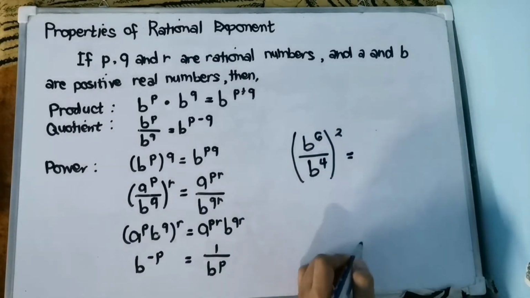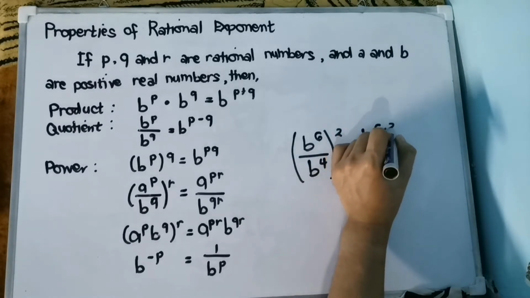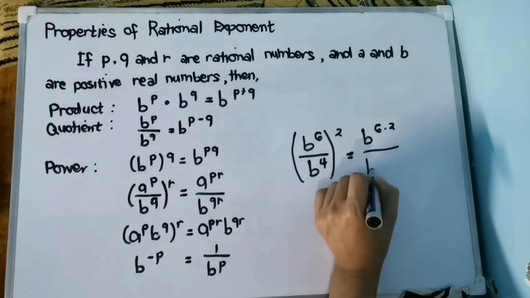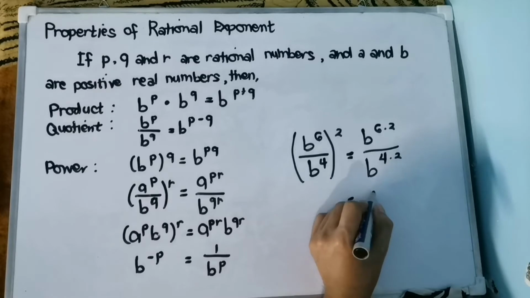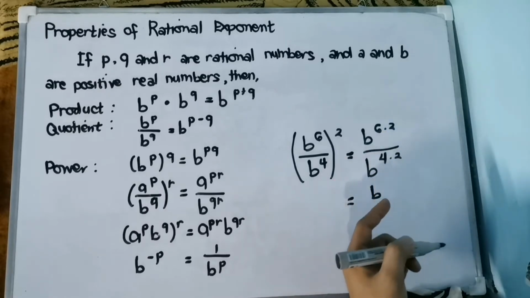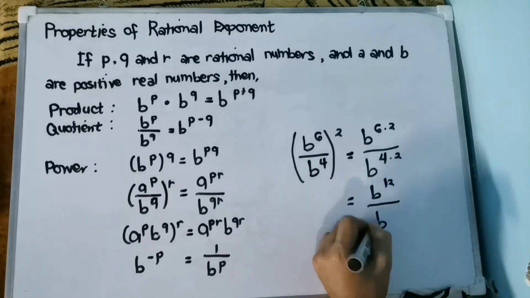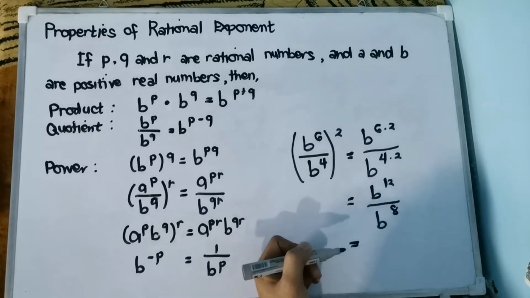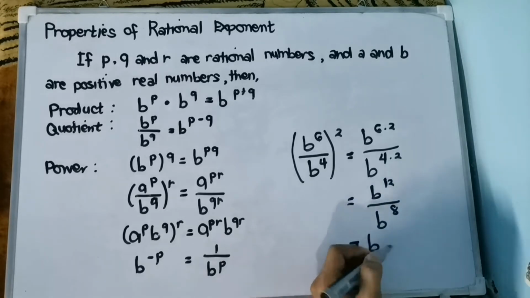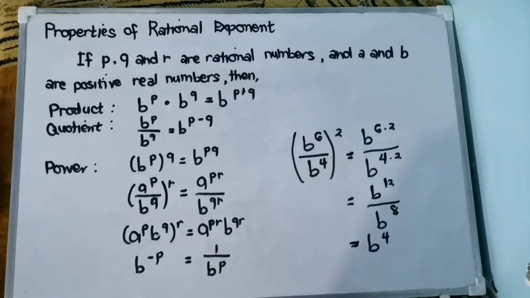So we have b 6 times 2 over b 4 times 2. So b 6 times 2 is 12, then b 4 times 2 is 8. And then gagamit tayo dito ng quotient rule, which is subtract. b, 12 minus 8 is 4. So therefore, the answer is b to the fourth.